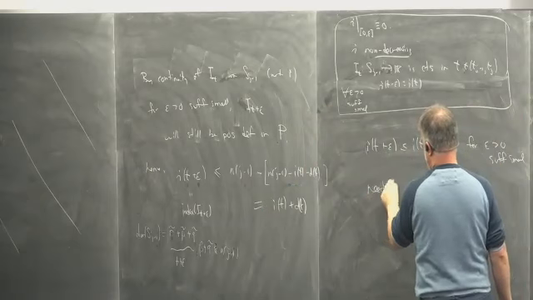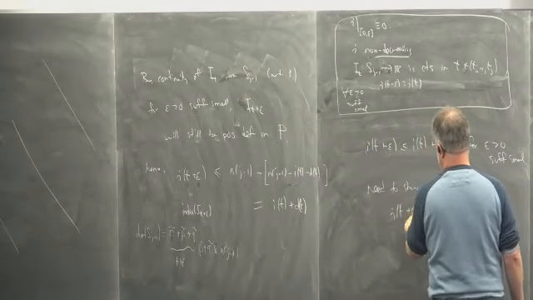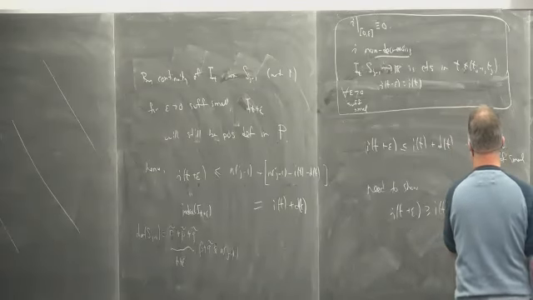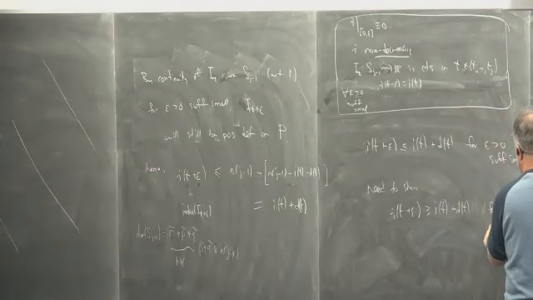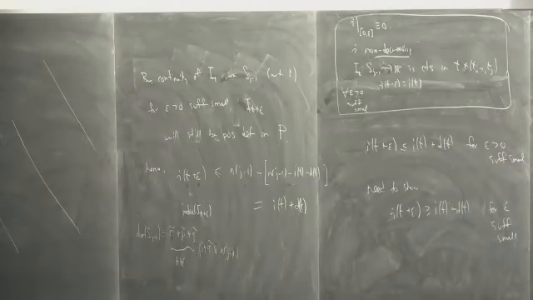We need to show that we have the opposite inequality for epsilon sufficiently small. Okay, so now is where the non-trivial geometric input comes in. Up to now, it's just been calculus and linear algebra.